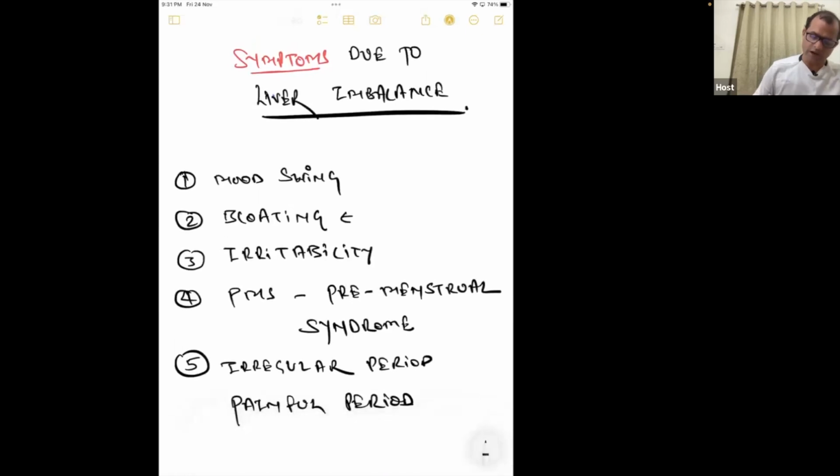Symptoms. अब मूड स्विंग क्या होता है बताइए? Do you know what is mood swing? विदाउट द लिवर you can't be a person of mood swing. मूड स्विंग के लिए लिवर इम्बैलेंस होना बहुत जरूरी है. Sometimes this person is very jolly, oh how are you, please come again, whenever you come here please meet me, and sometimes you are going and he is not smiling, not even looking at you.